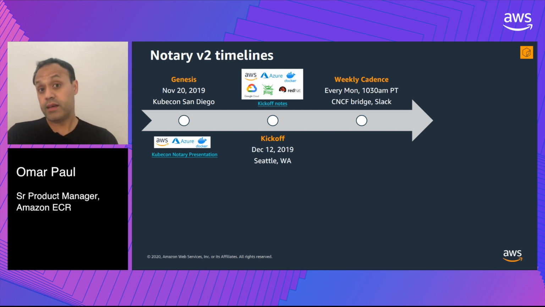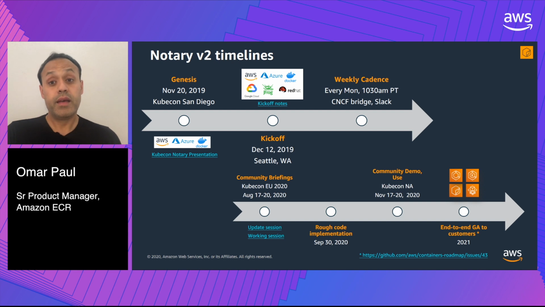I've linked the kickoff meeting notes if you want to see. It's open and public. The group meets every week on a Slack bridge. It's a CNCF project, so I think we record as well, but I'd have to double check. And this is open for anyone to join in, to listen, and to contribute.